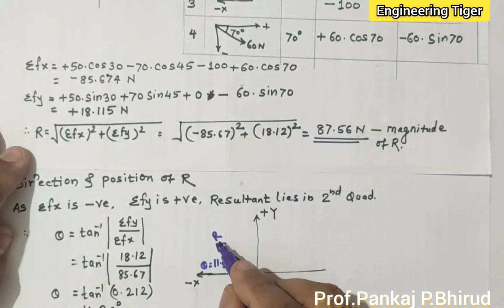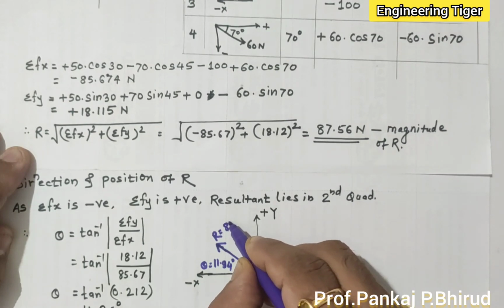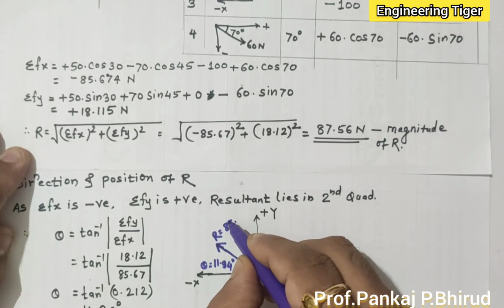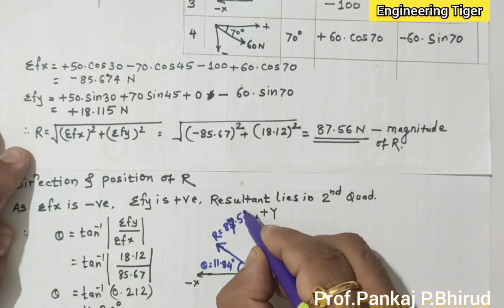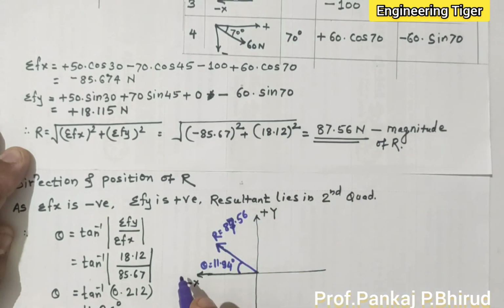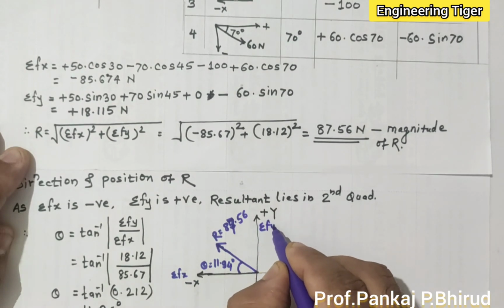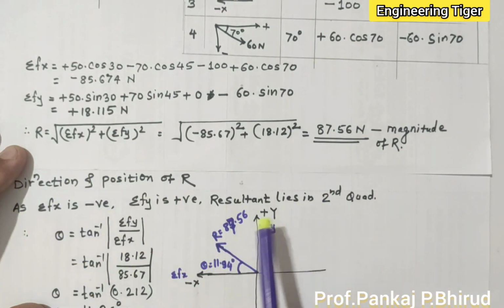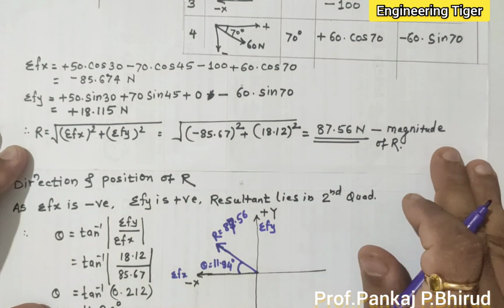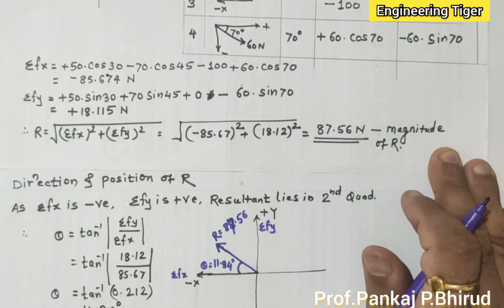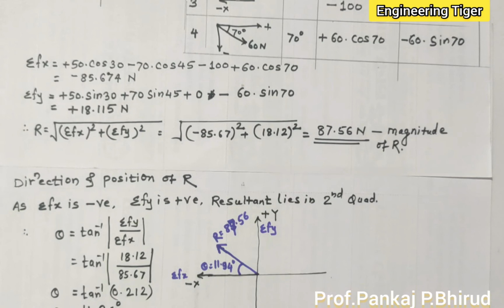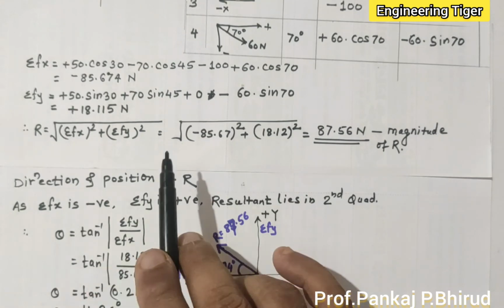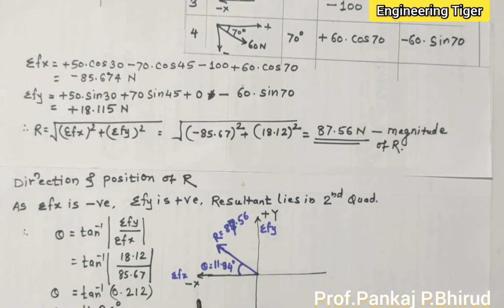The magnitude of the resultant is 87.56 Newton. So this is sigma Fx and this is sigma Fy. In this way we can find the resultant, its direction and position by the resolution method or analytical method. In the next lecture we will solve another problem by the analytical method.